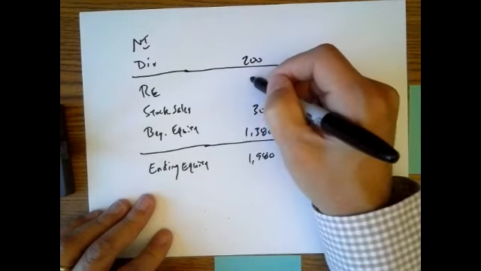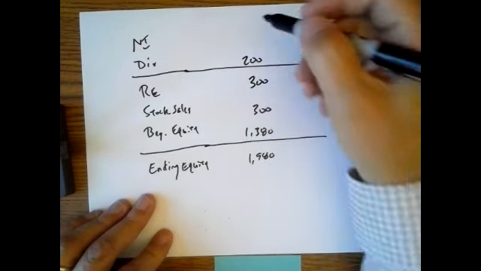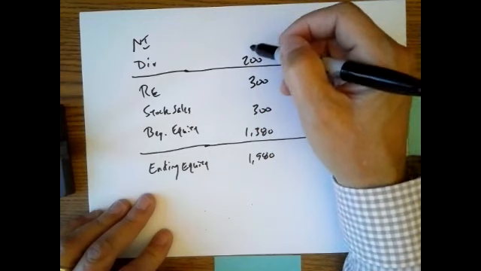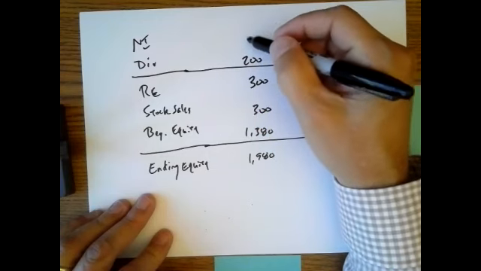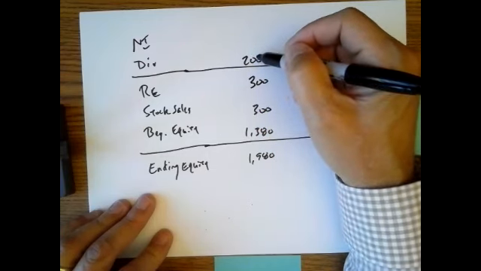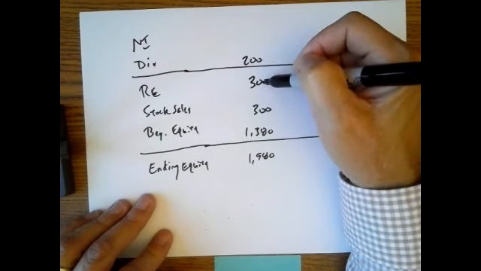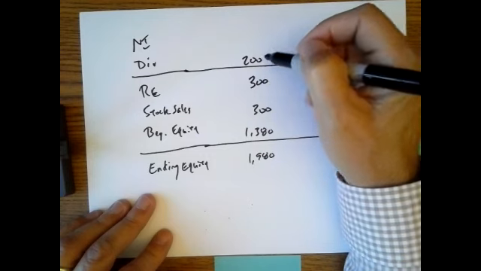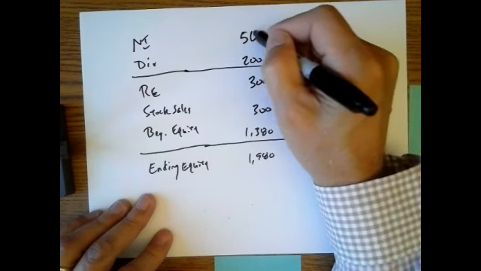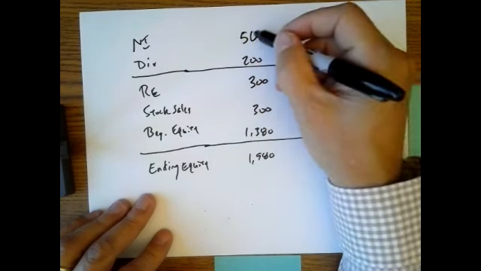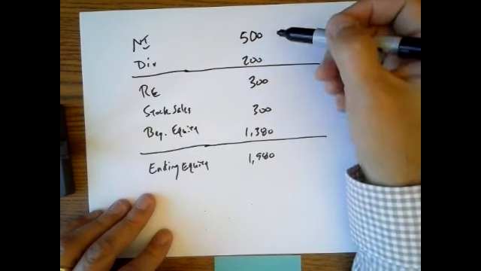Well, that would be another 300. If I have dividends of 200,000 and then I wind up with retained earnings of 300,000, then I must have had 500,000 in net income.